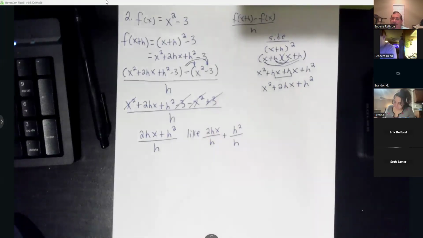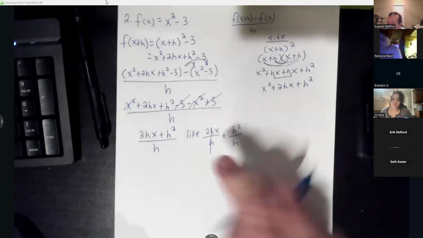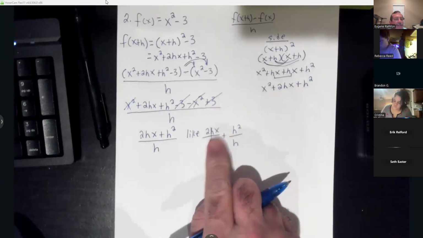So what's that going to give me for a final answer? All right, I got Carlithia pulling up 2x plus h. Perfect. Because y'all, this h cancels on that first term. So all that's left is a 2x.